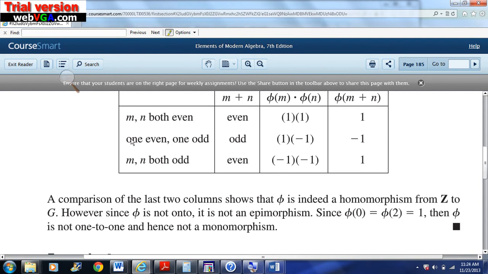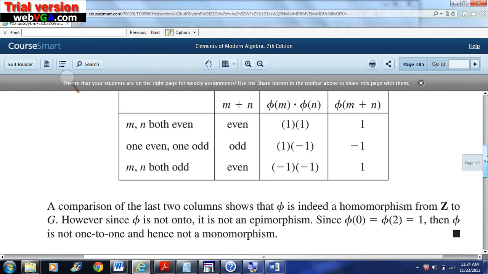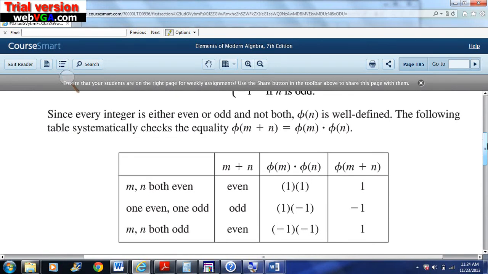So once again, one is even, one is odd. Okay, if you have one even and one odd, if you add them together, if you add an even number to an odd number, then you would get an odd number.